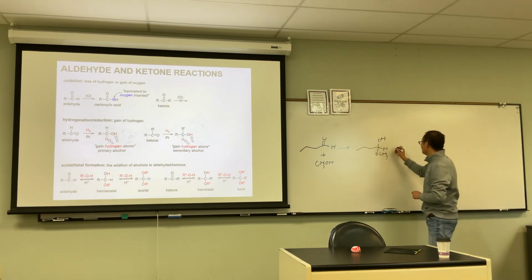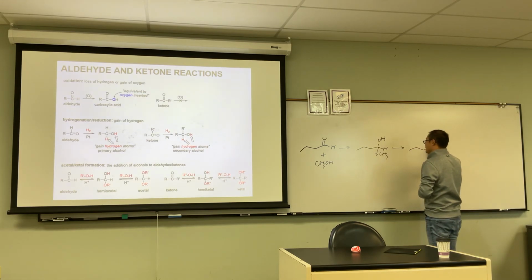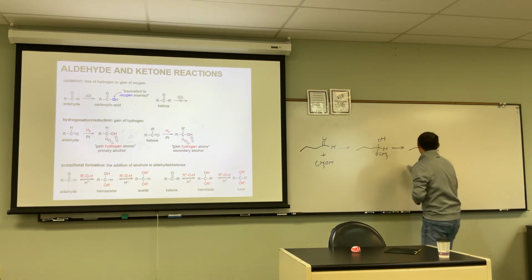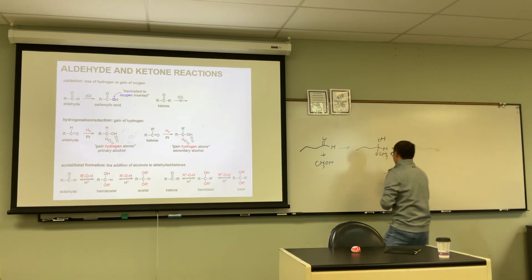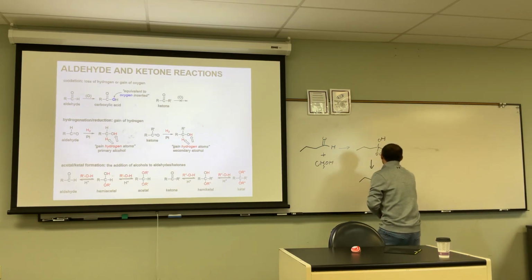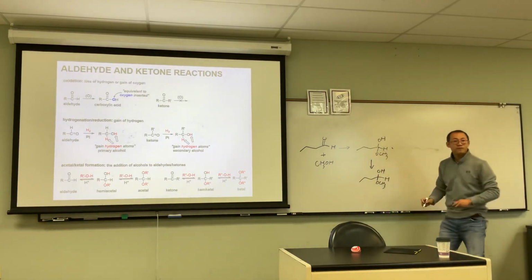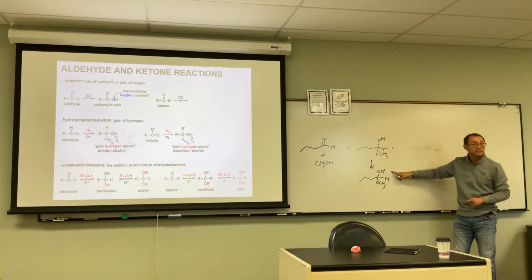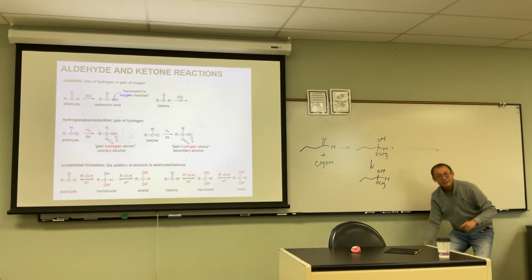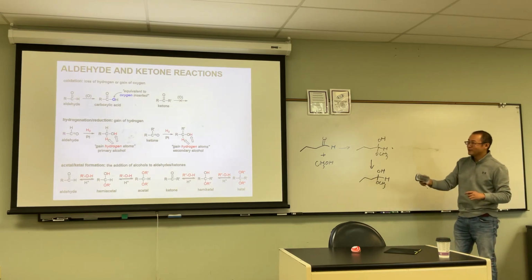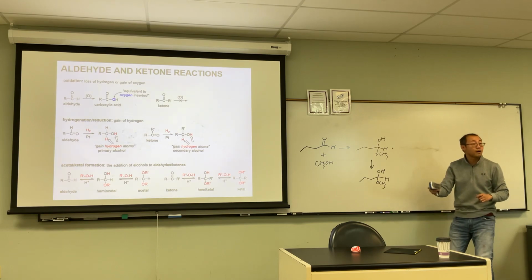And then I can add, let me copy the structure again. What do we do if we want another alcohol added? H to the O. How do we add another OR?